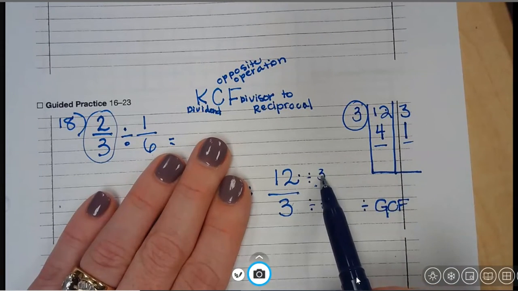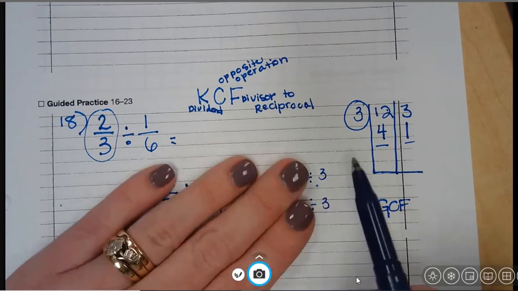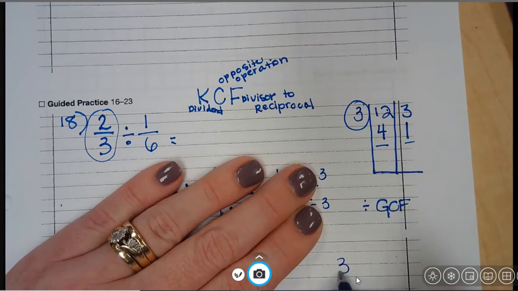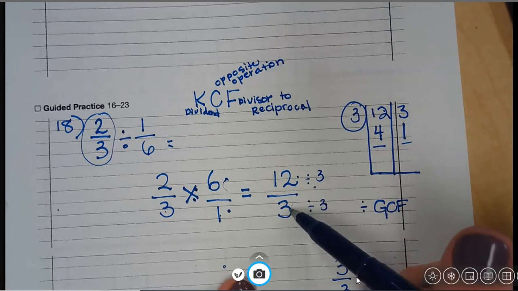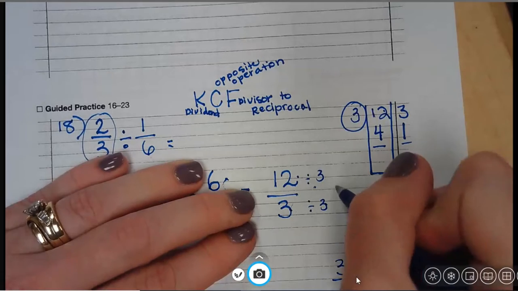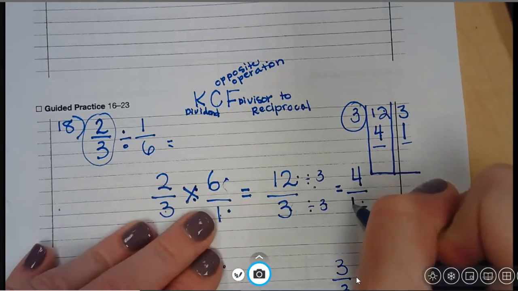I have to divide both the numerator and the denominator by the same number, otherwise I'm changing the fraction. Because 3 divided by 3 is equal to 1, when I divide by 1, I'm making an equivalent fraction. So this would be 4/1.